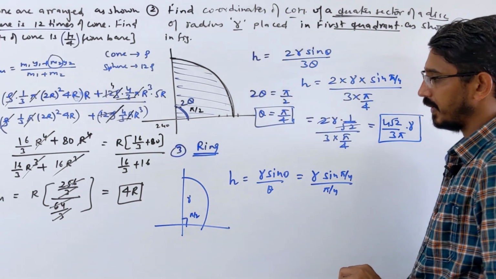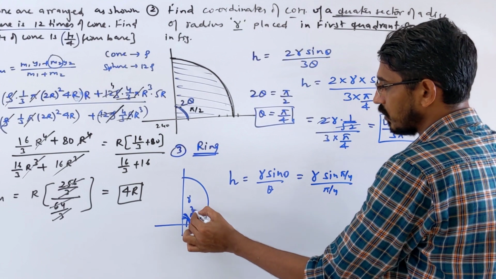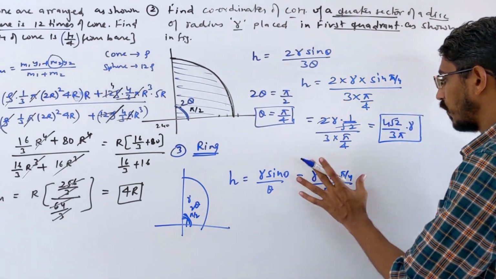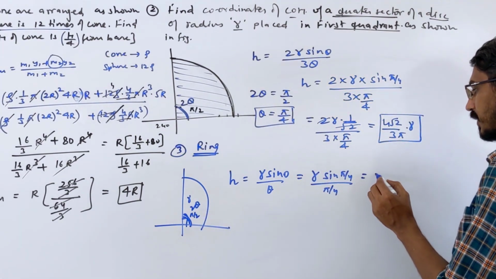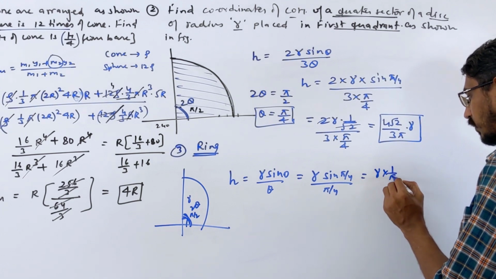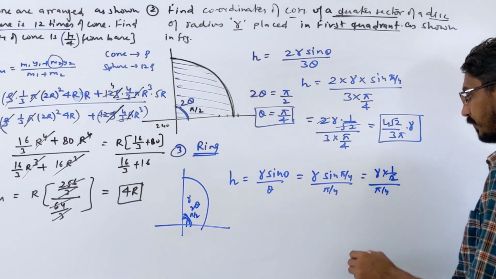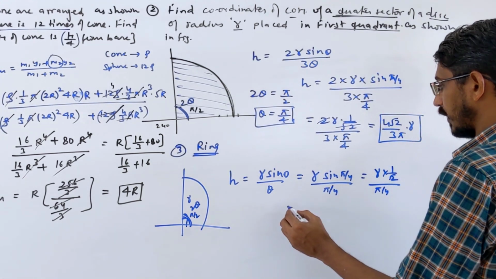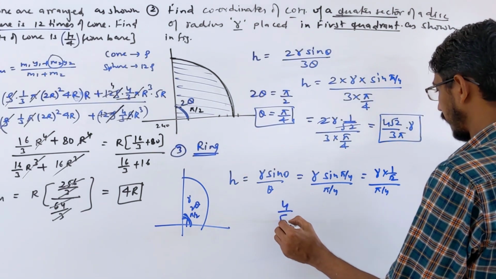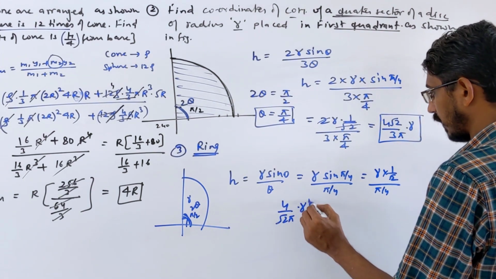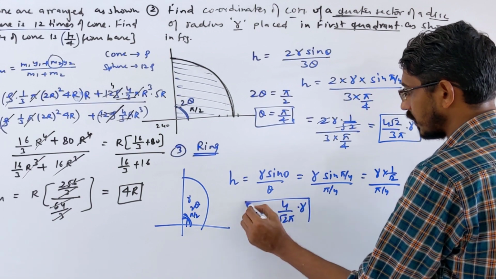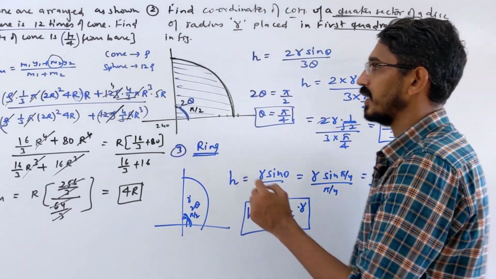The total angle is called 2 theta, and in the formula we put only theta. So this becomes 1 by root 2 over pi by 4, and the answer is 4 by root 2 pi times r. That should be the distance of the center of mass for this sector.